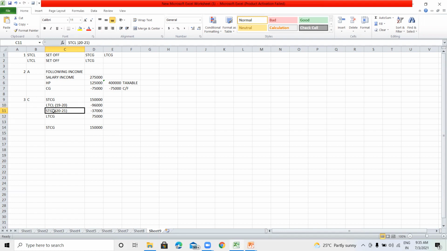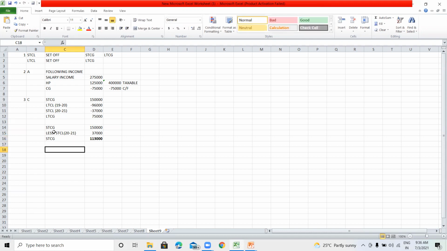So we can adjust the short-term capital loss for the assessment year 2020-21, which is 37,000 rupees. 1,50,000 minus 37,000 is 1,13,000 rupees, the balance amount of short-term capital gain.